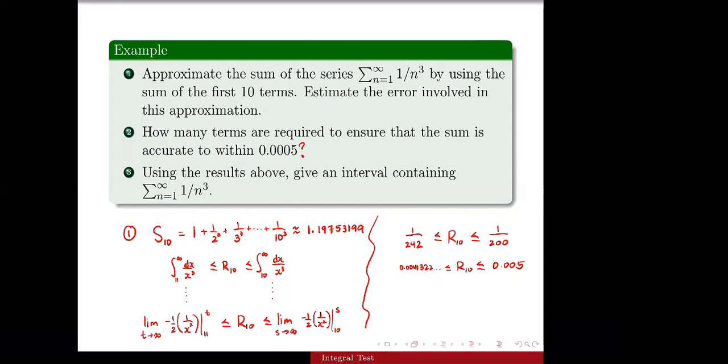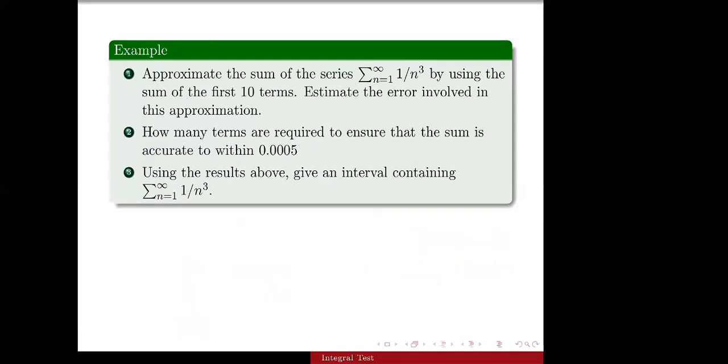For number 2, how many terms are required to ensure that the sum is accurate to within 0.0005? So we want our error, R sub k.